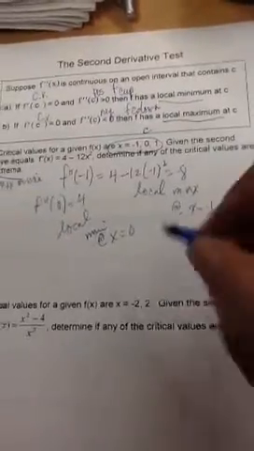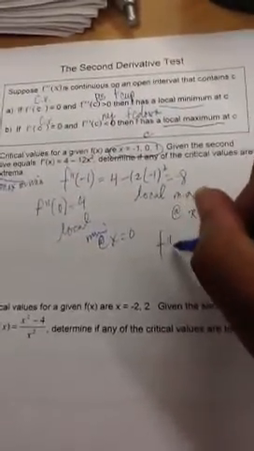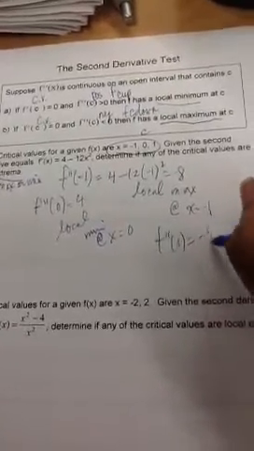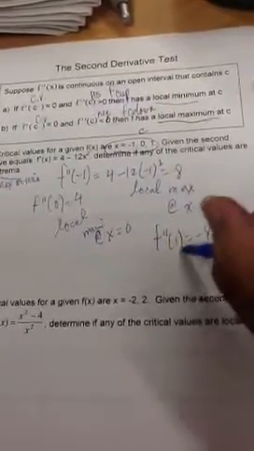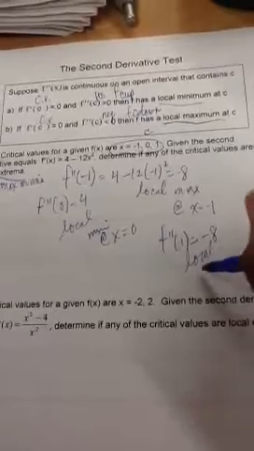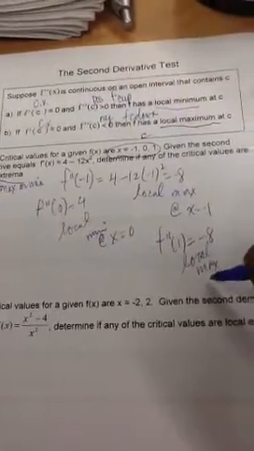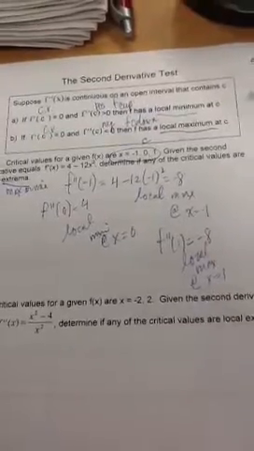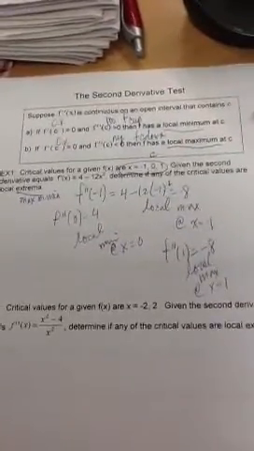If I try 1, f double prime of 1, if I work it out, it's going to come out to that same -8. So I have a local max at x equals 1. All right? So that's basically it.